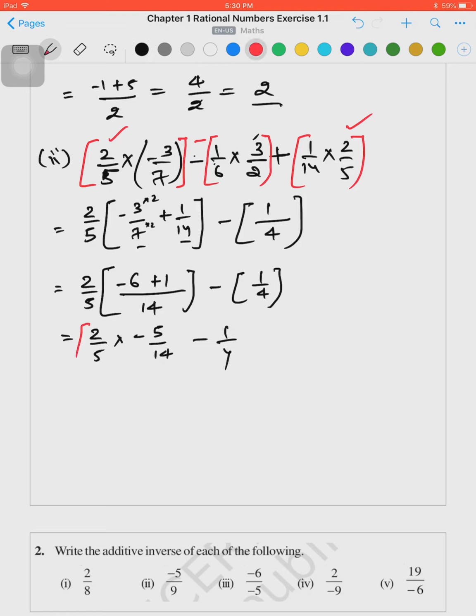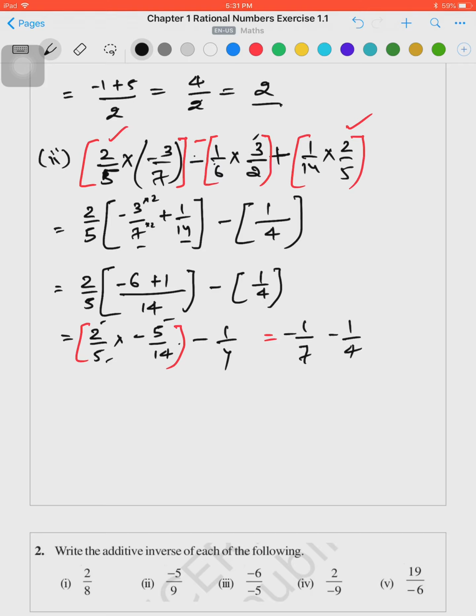Again enclose this inside the bracket and solve this. This 2 will give us 7 and this 5 will be cancelled by the 5 here, so we'll have 1 by 7 of minus 5 by 14, then minus 1 by 4.